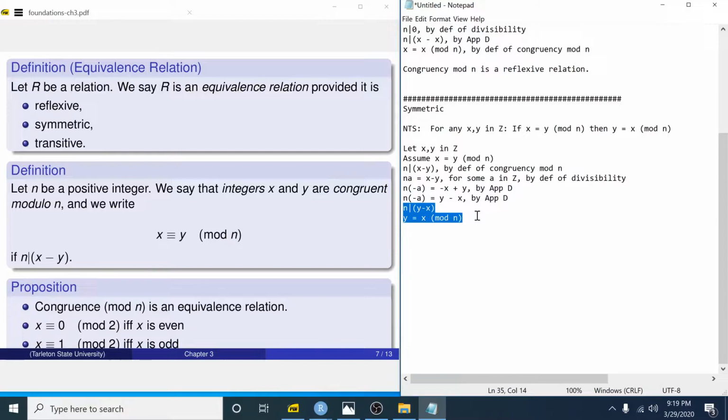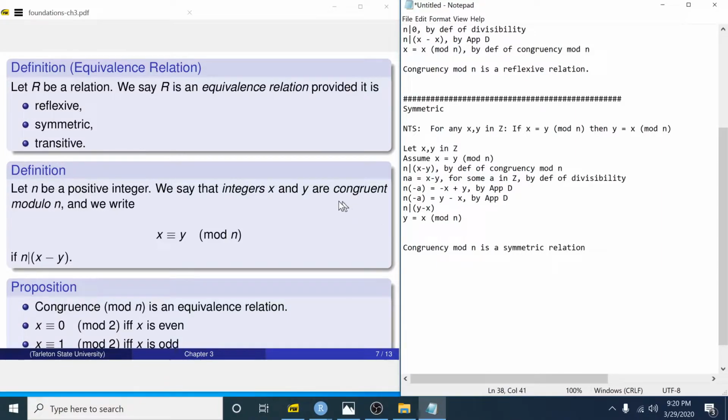Therefore, y is congruent to x mod n. So again, to recap, we started off by assuming that x is congruent to y mod n, and we've concluded that y is congruent to x mod n, and that establishes that congruency mod n is a symmetric relation.